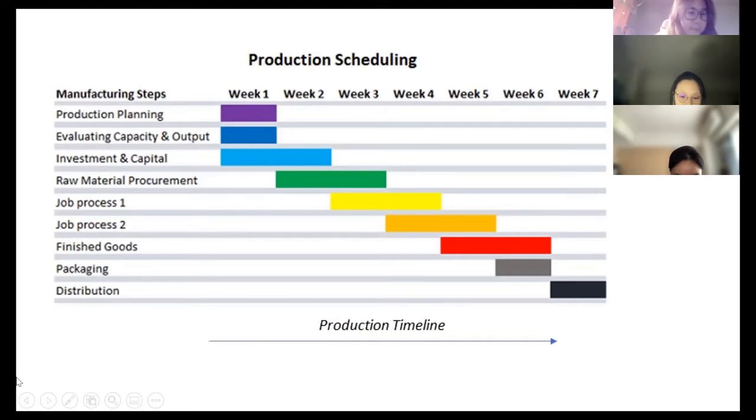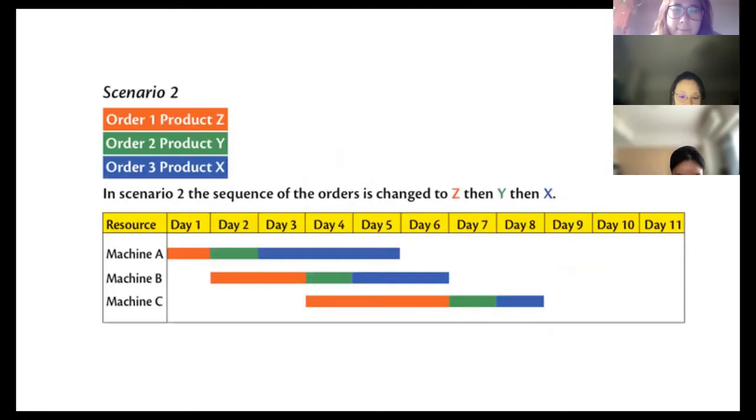For example, this is the thing that needs to be done, and this is the time that is required. How long does it take to do it? So we want to schedule. We want to make sure that we can meet, what are we trying to achieve?